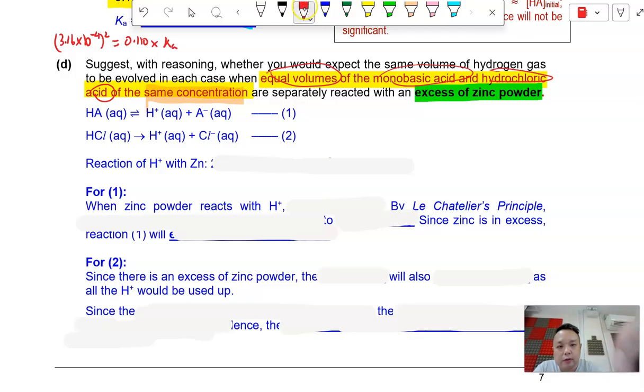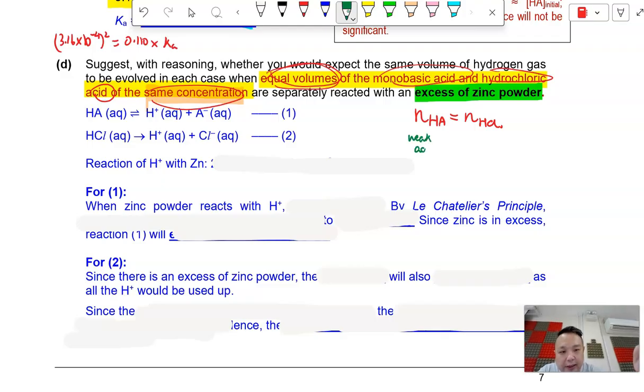So the number of moles of HA, because you're using the same volume and same concentration, is the same as the number of moles of HCl. The key difference between these two acids is that HA, as we discussed earlier, is a weak acid, and HCl is a strong acid. So the question wants us to discuss if we expect the same volume of hydrogen gas.